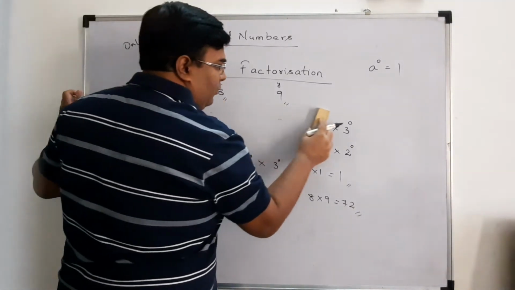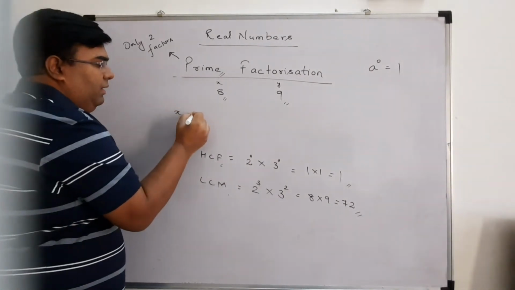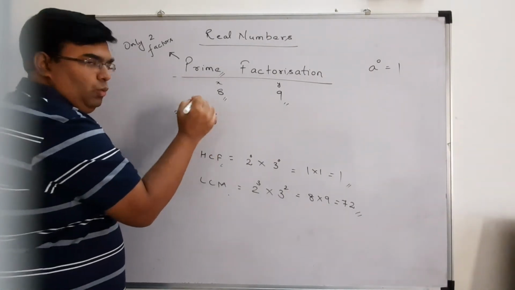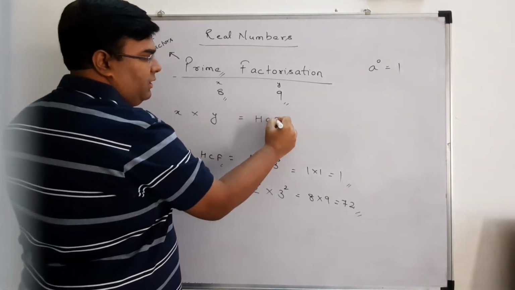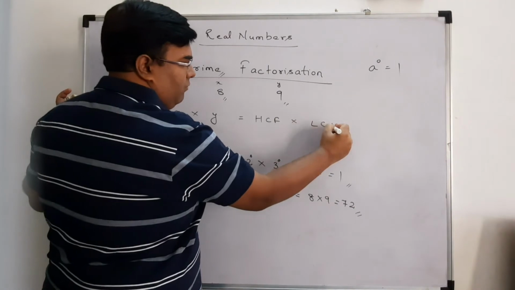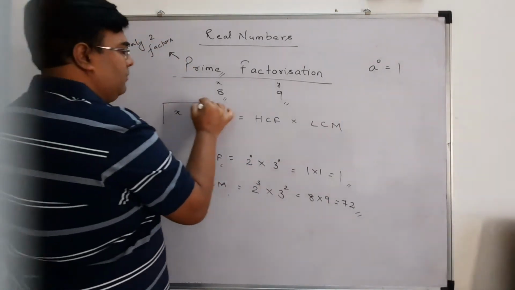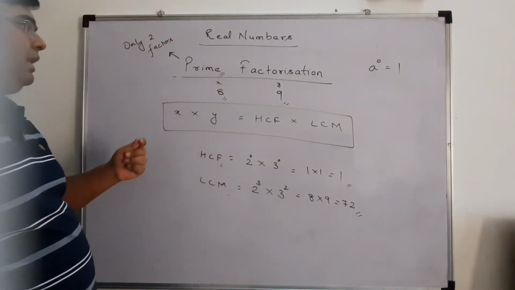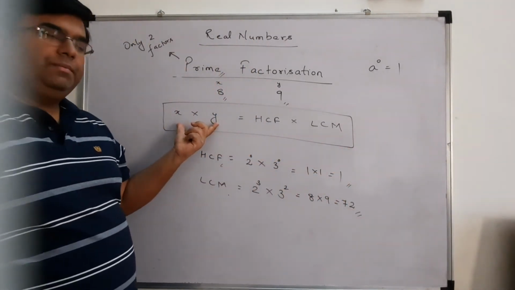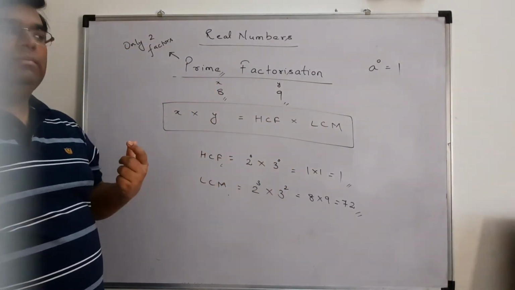I am writing that formula, that if you multiply two numbers, you will have HCF. This is my formula, right? That multiply two numbers, multiply HCF and LCM, both should be equal, right?